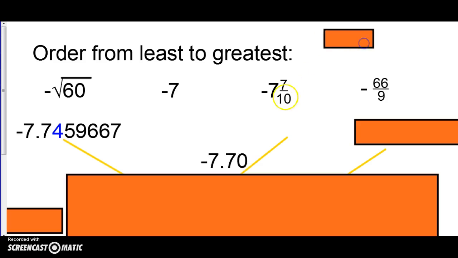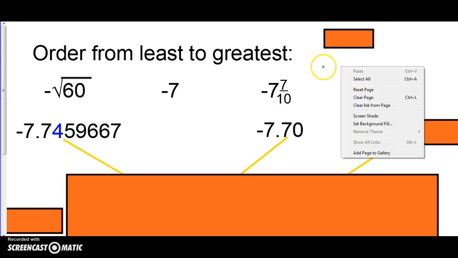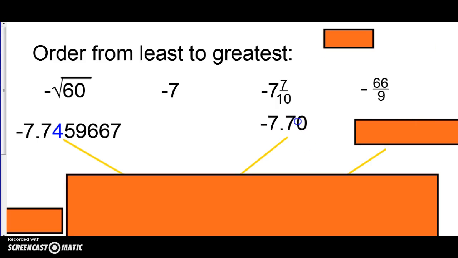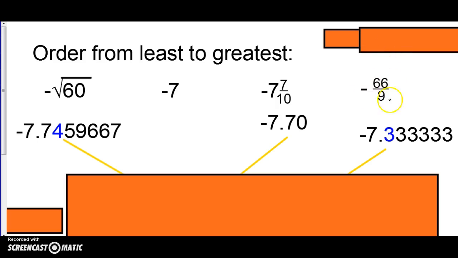So -7.0, but I put the 0 there because we're going to compare the 4 in just a minute to the 0. And the last one, you'd take your calculator and divide 66 divided by 9, and you would get -7.333 repeating.